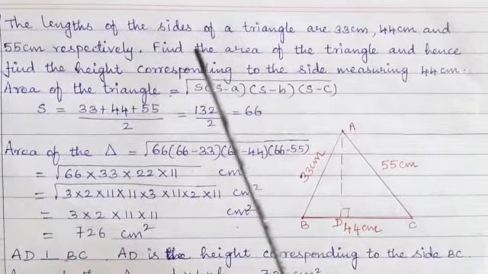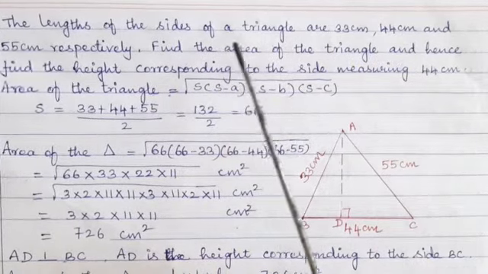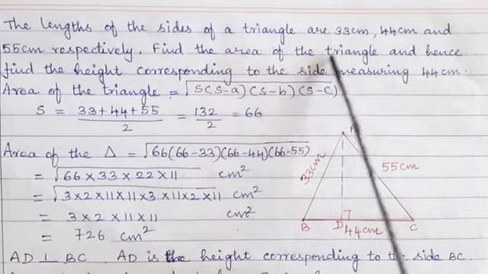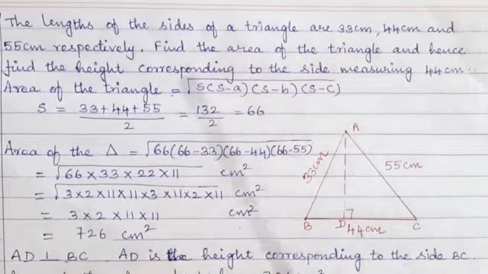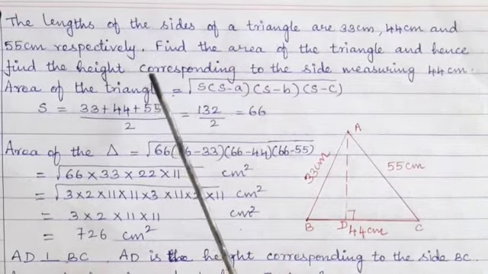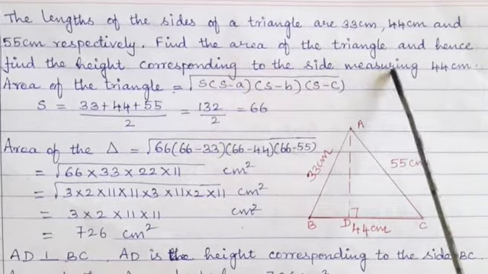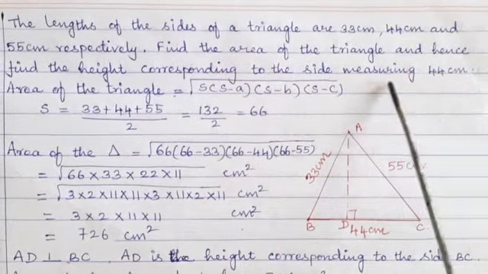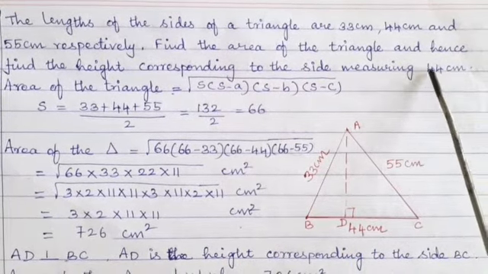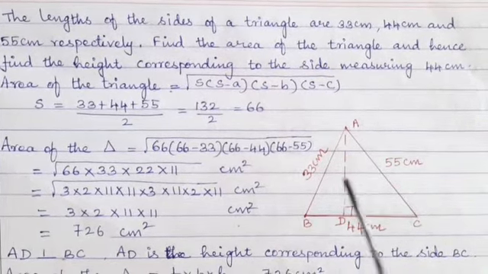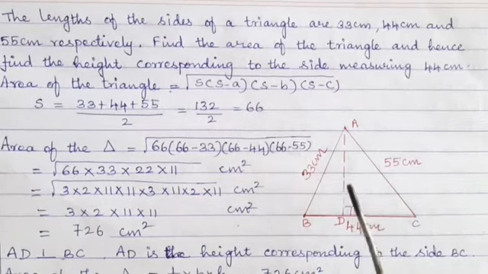What is given? 3 sides are given, so we will use Heron's formula to find the area of the triangle. One more question, find the height of the triangle corresponding to the side 44 centimeter. So which side is 44 centimeter? Then we have to find the height on that side only.